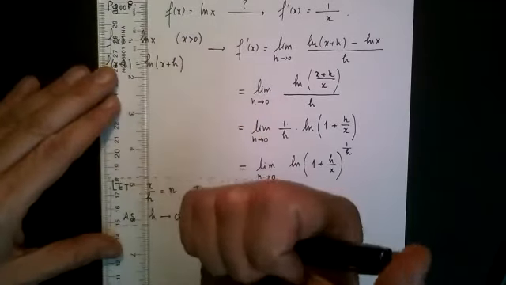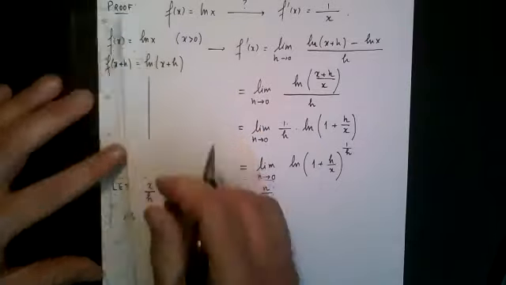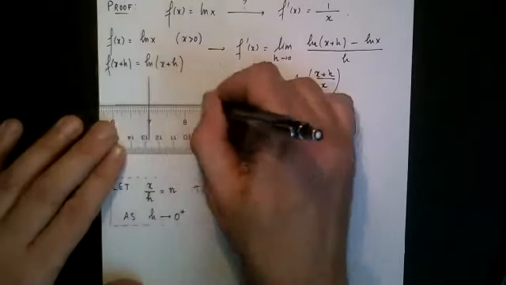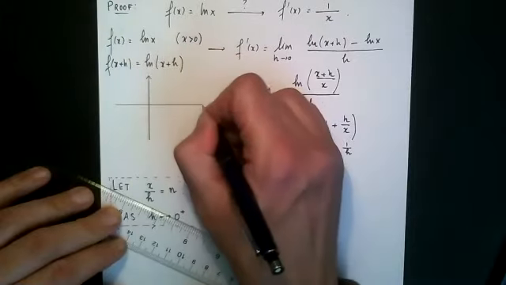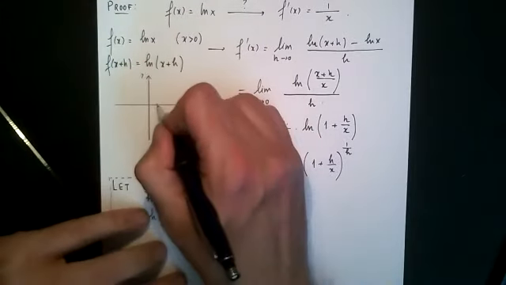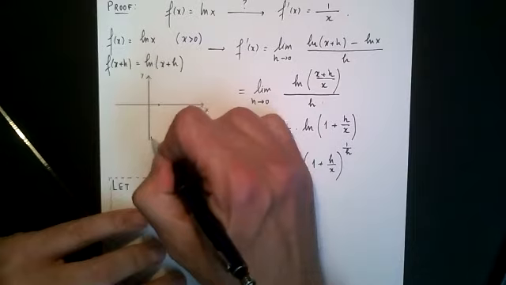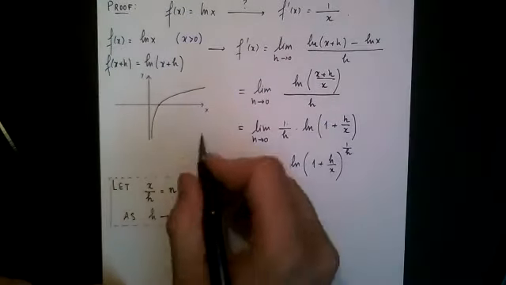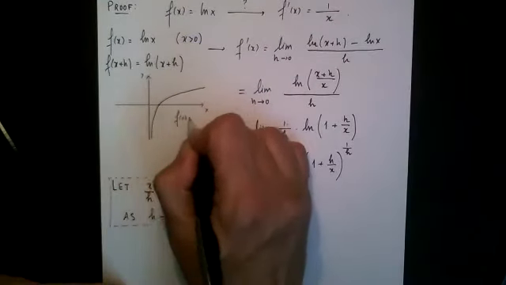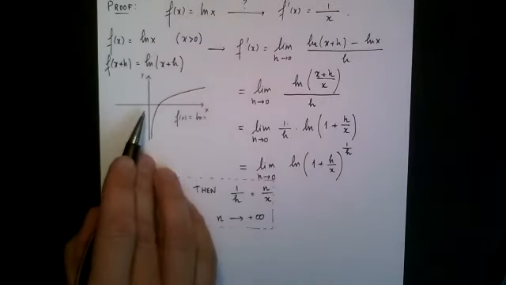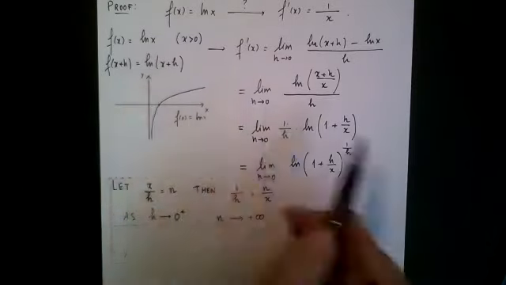Just a reminder of the log function. Maybe you haven't seen this in high school, so it might be wise for me to show you what it looks like. It looks something like this. This is f of x equals ln x. So you see that x is definitely positive.